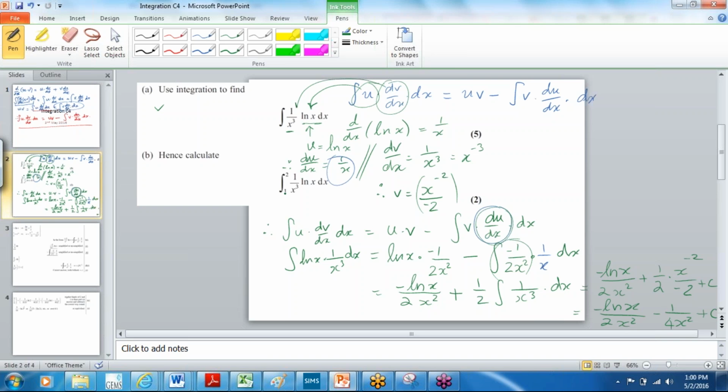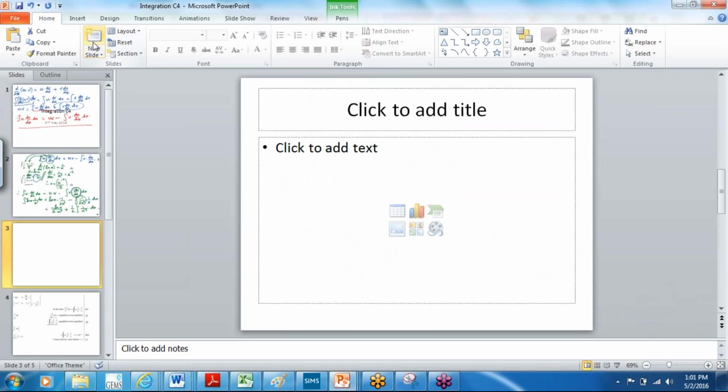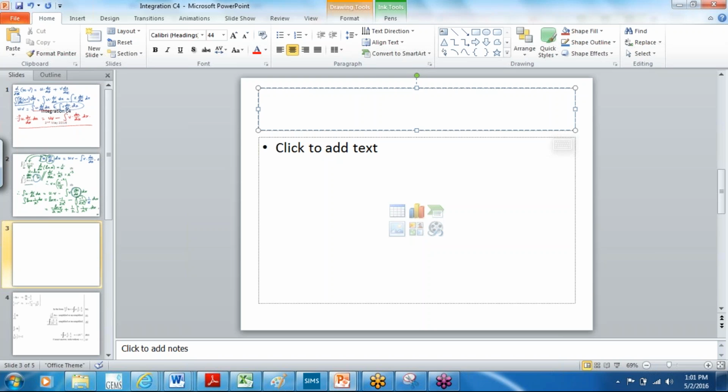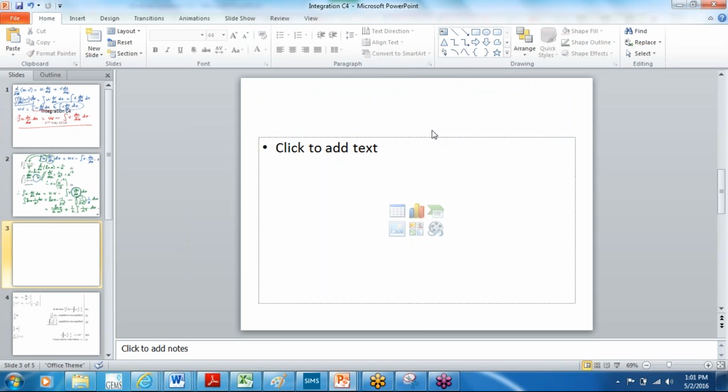For part B, we already know the integral. Let me insert a new slide here and delete some of these so we've got space, and let's write our solution on this page.